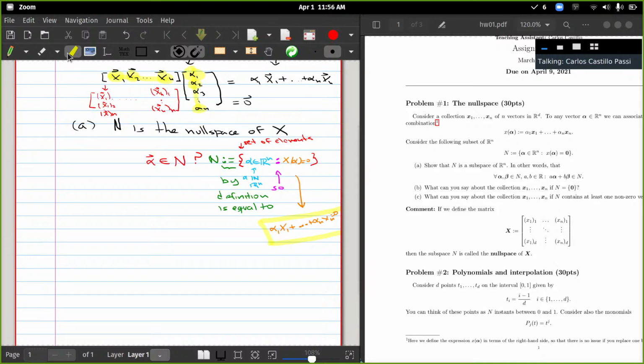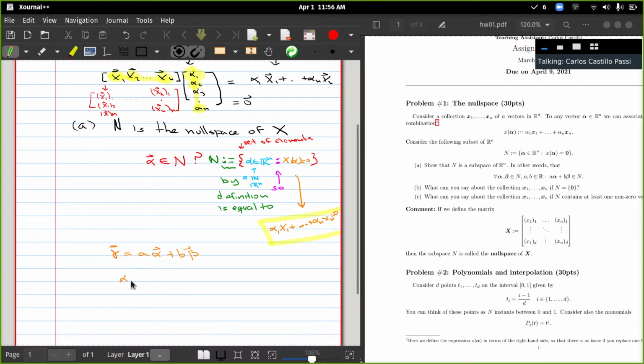Okay, so basically what we need to do is to define, let's say, gamma equals A times alpha plus B times beta, and replace this gamma into this expression here.